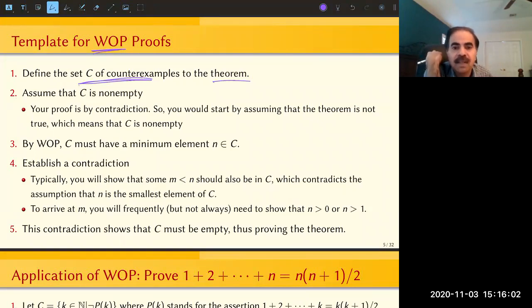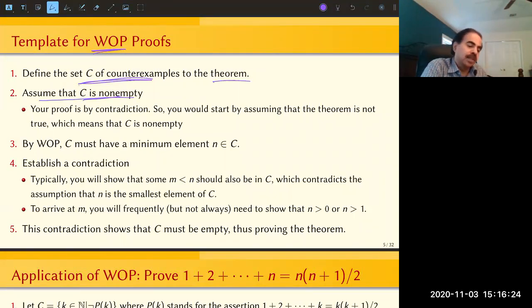So you have a theorem, and there is a set of counterexamples to the theorem. Of course, if the counterexample set is already empty, that means the theorem is true, so there is nothing to prove. The only time you will have to prove something is when this set of counterexamples is non-empty.